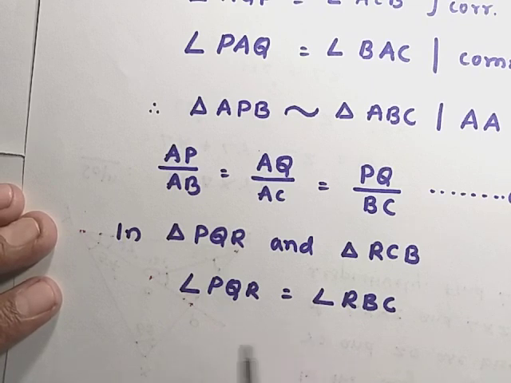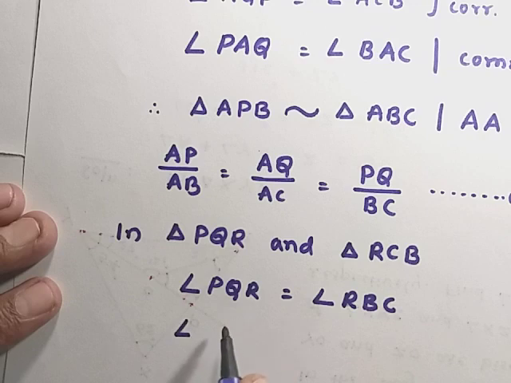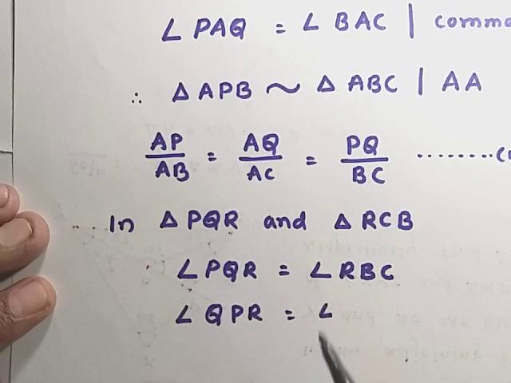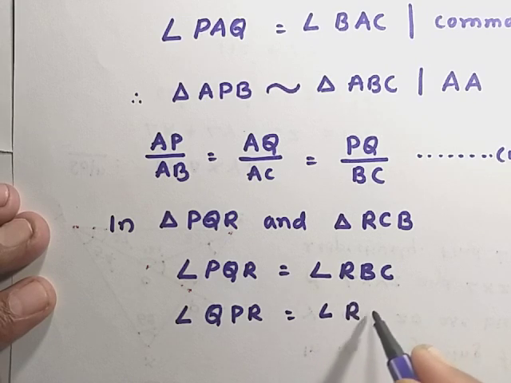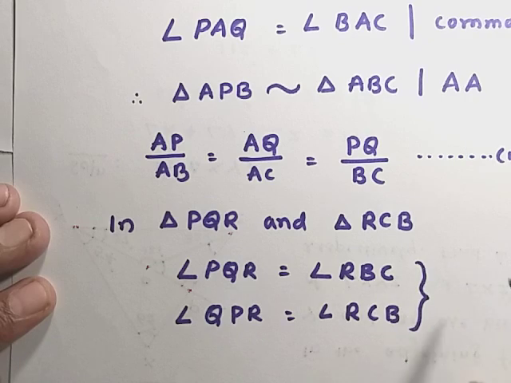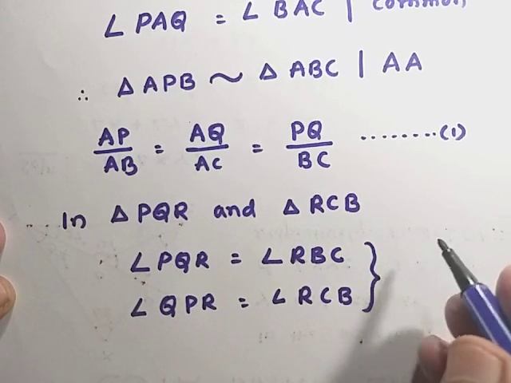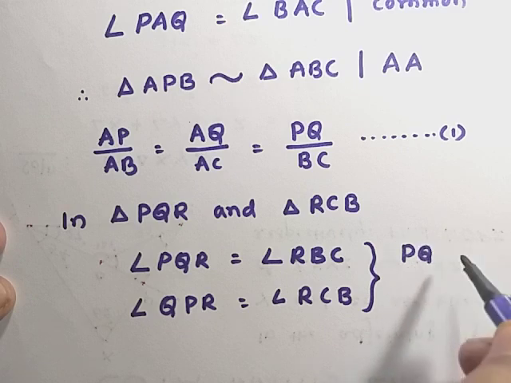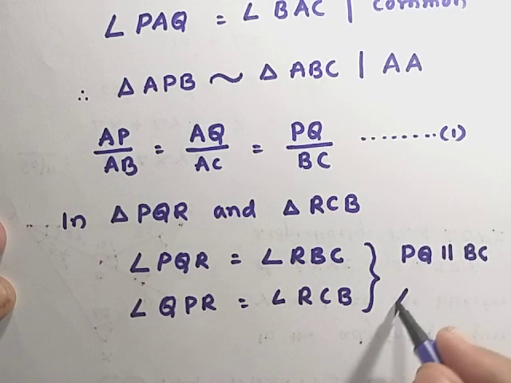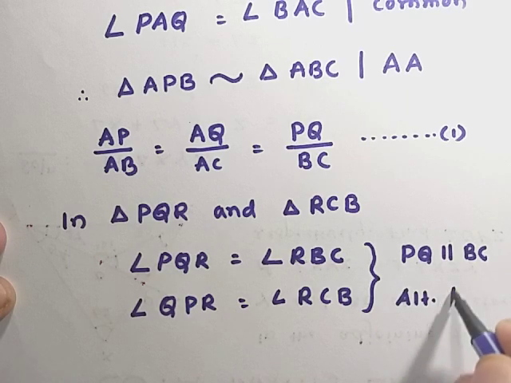And angle QPR is equal to angle RCB. For both of these the reason is the same: PQ parallel to BC, and alternate angles.